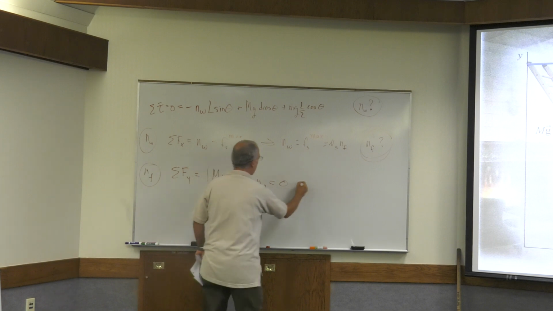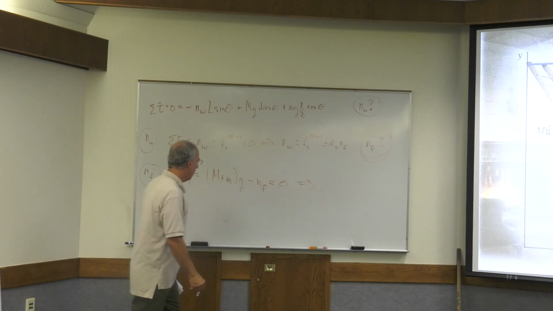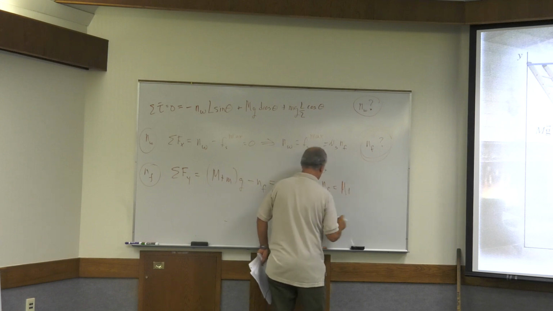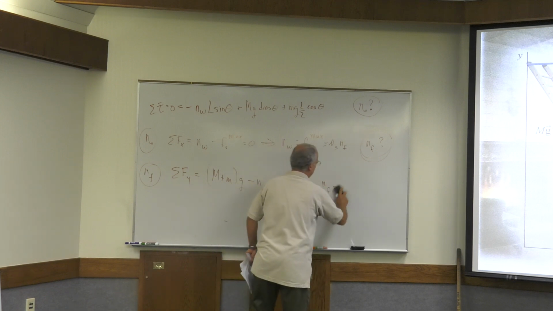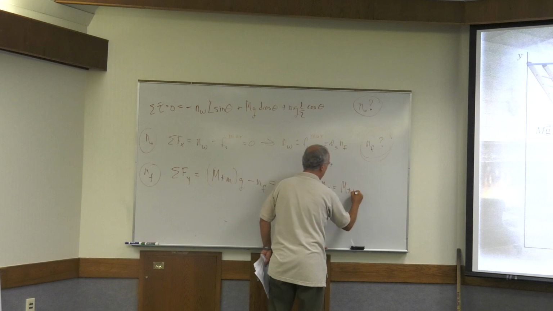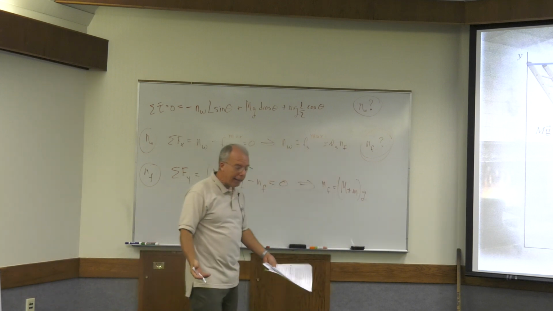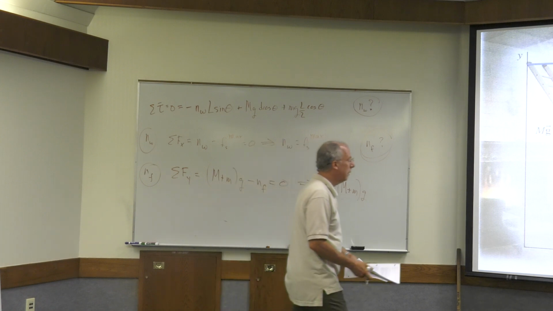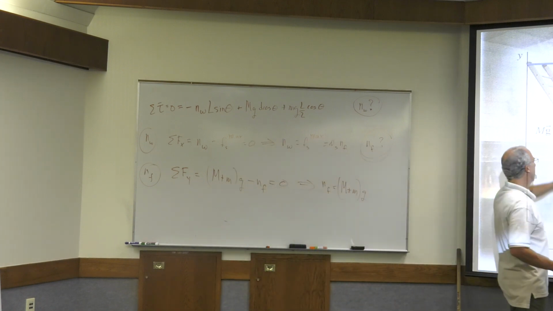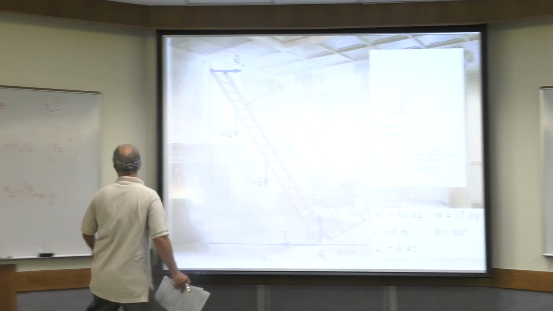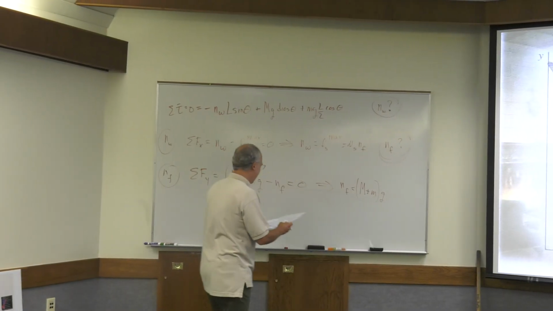Therefore, N_floor equals (M plus m) g. No kidding. Didn't we kind of expect that? It's the total weight, the weight of the guy and the weight of the ladder. So this is no big surprise.